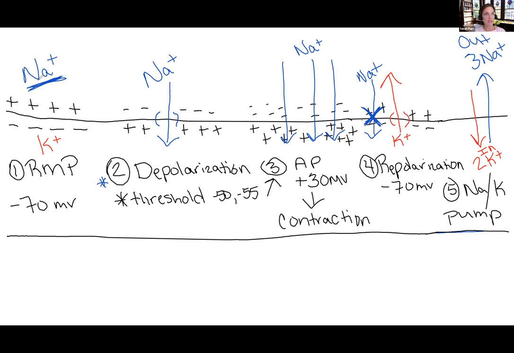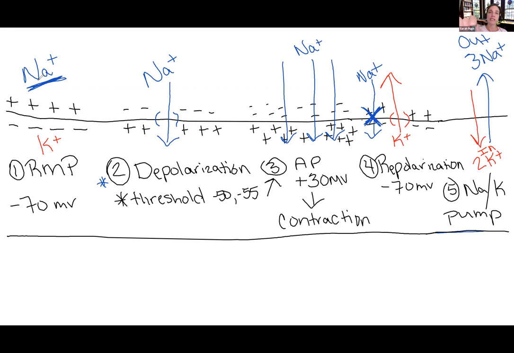During repolarization, step number 4, sodium's still in the cell, right? So we need to fix our ion concentrations and get the sodium out. This last step, the sodium potassium pump, is pumping sodiums out of the cell. It's fixing our ions.